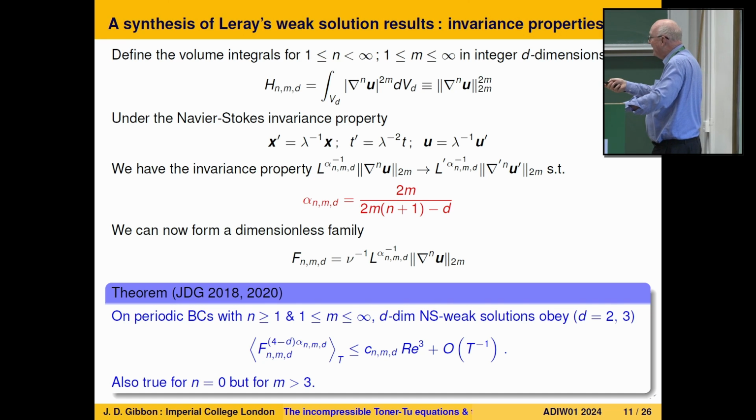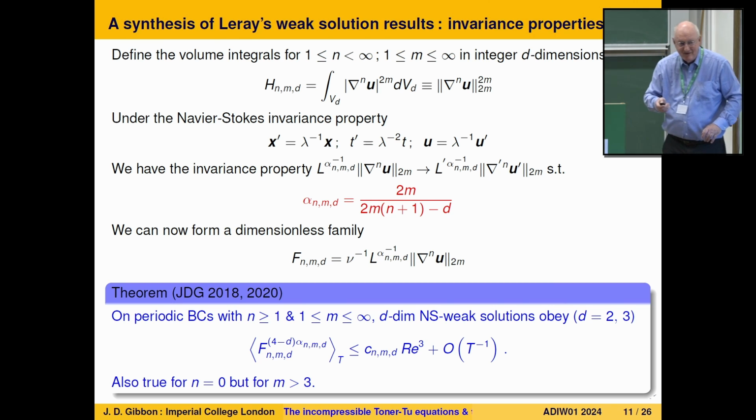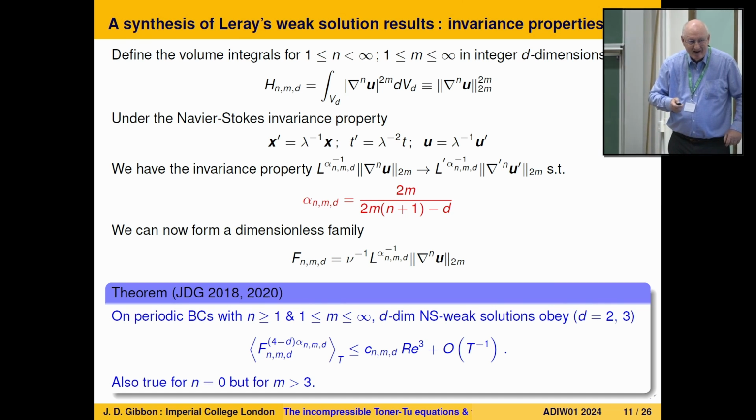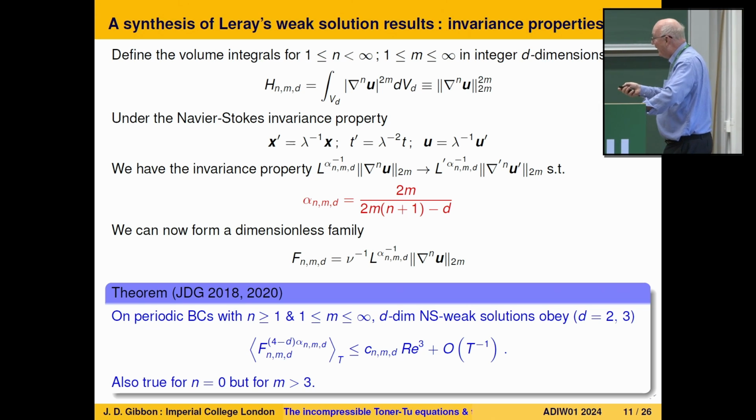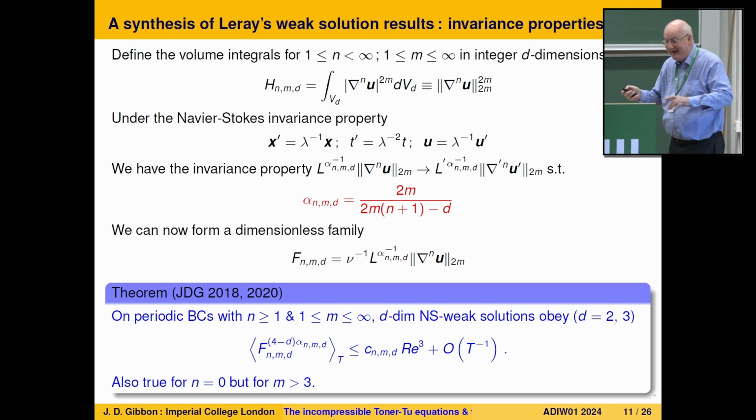Okay. You can roll them all together into this theorem that says, D-dimensional Navier-Stokes weak solutions obey this, and this F to the alpha, and field theorists would love this because it's a 4 minus D. Field theorists always like 4 minus D, although I don't personally see the connection here.